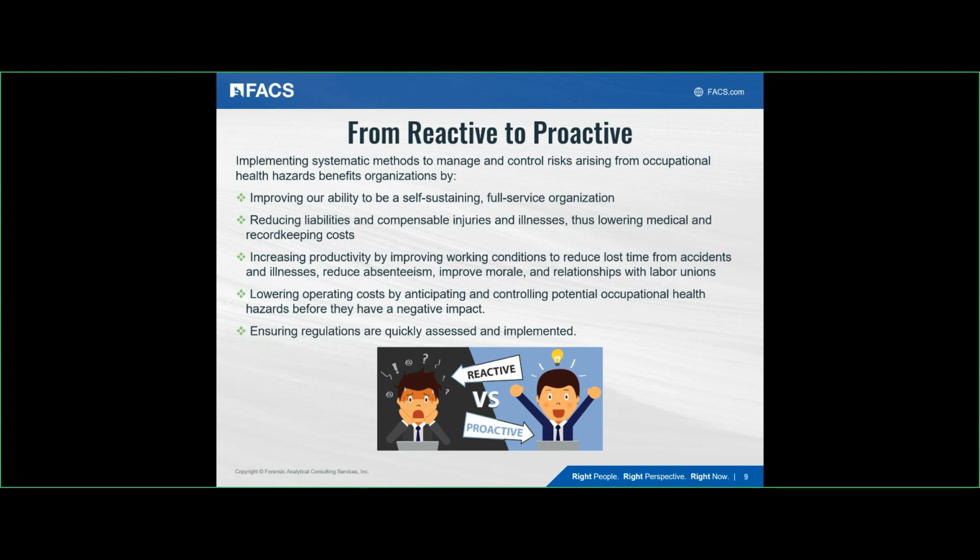Earlier risk reduction interventions will help lower operation costs. Consider eliminating hazards in the design stage as opposed to post-launch. And a formalized occupational health management system or industrial hygiene program makes it easier to anticipate regulatory changes and be able to quickly respond and adapt to them.